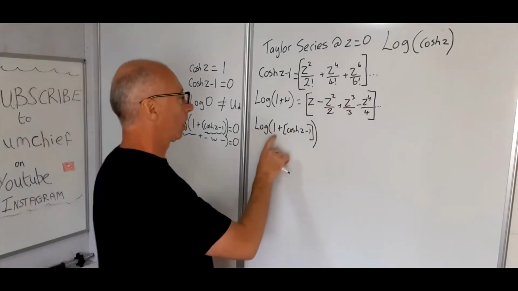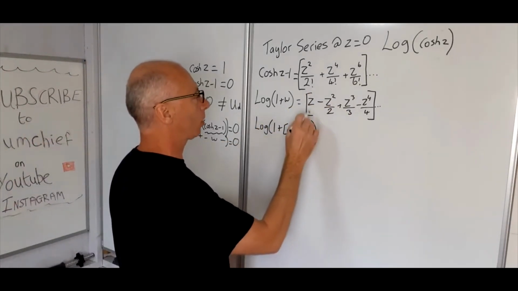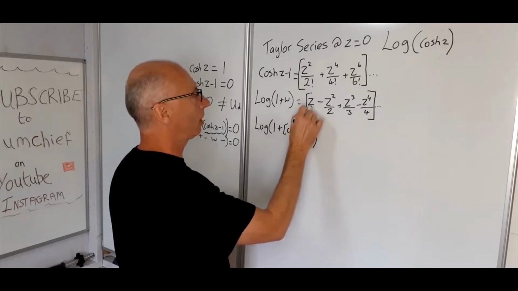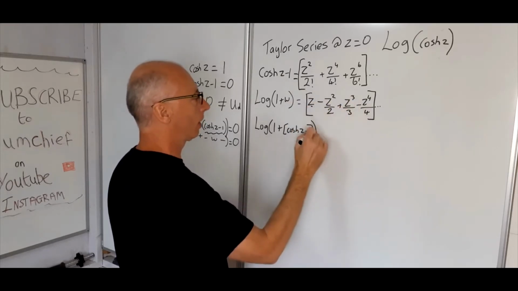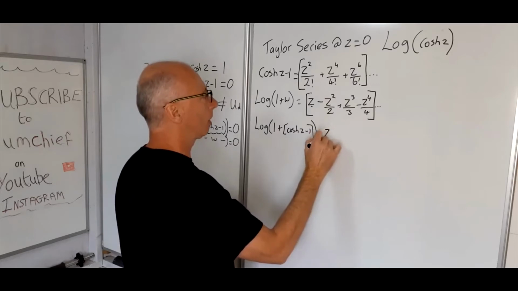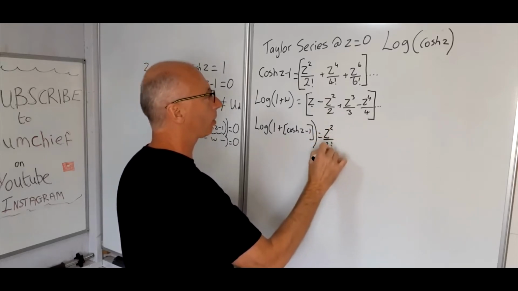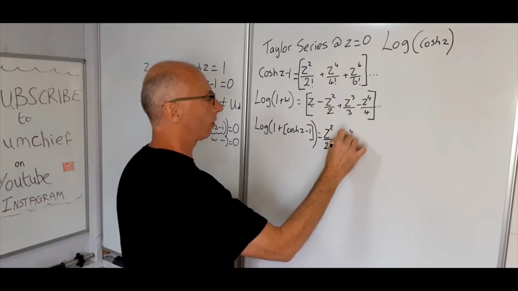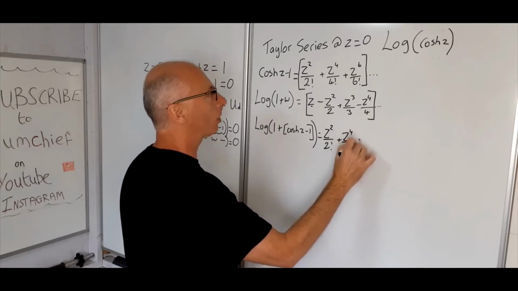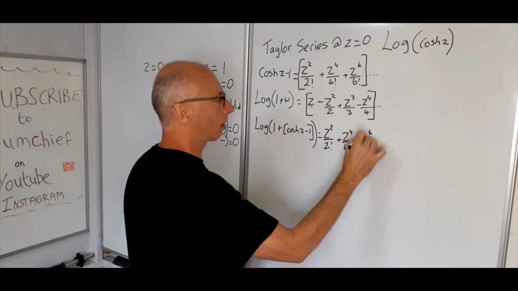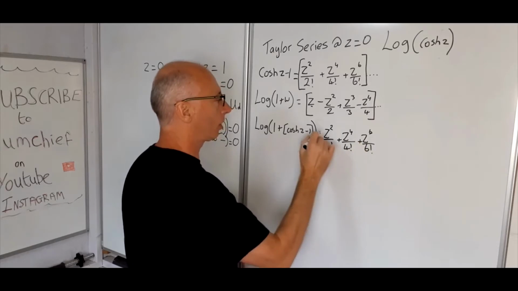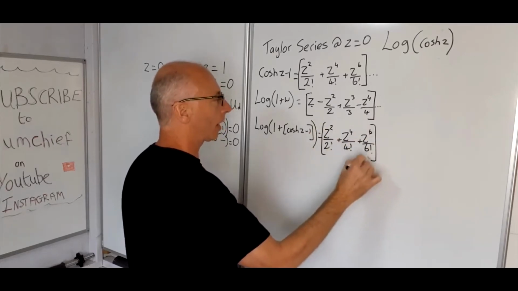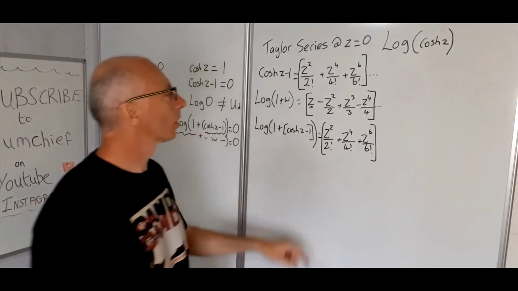So we have z squared over 2 factorial plus z to the 4 over 4 factorial plus z to the 6 over 6 factorial. So that takes care of this term.